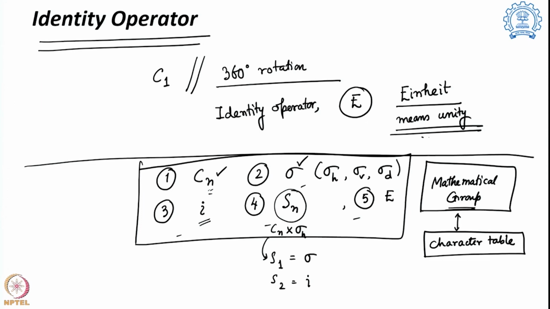And one of the things we are going to find out is that a molecule which does not have an Sn axis is going to be chiral. But how to find out whether a molecule has or has not any Sn axis, that trick we will learn in the next segment.